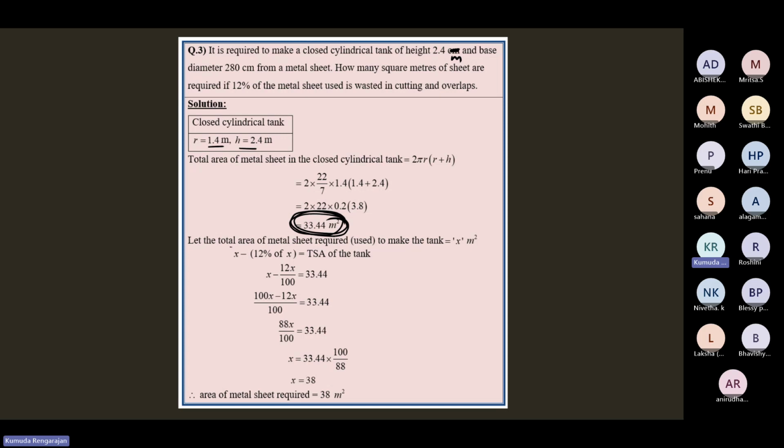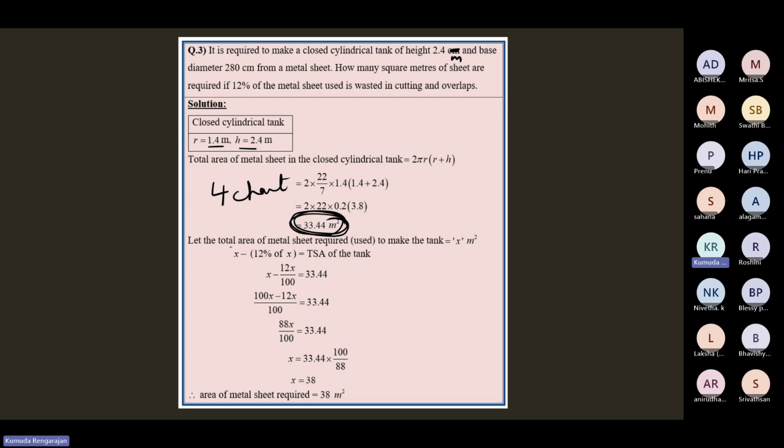Supposing you have to make a model using chart paper, and if you buy 4 chart papers and you make the model, all the area in these 4 chart papers will not be there in the model, because when you cut and all that, so much wastage will be there in the cutting, and in the making of the model, so much chart paper will be wasted.